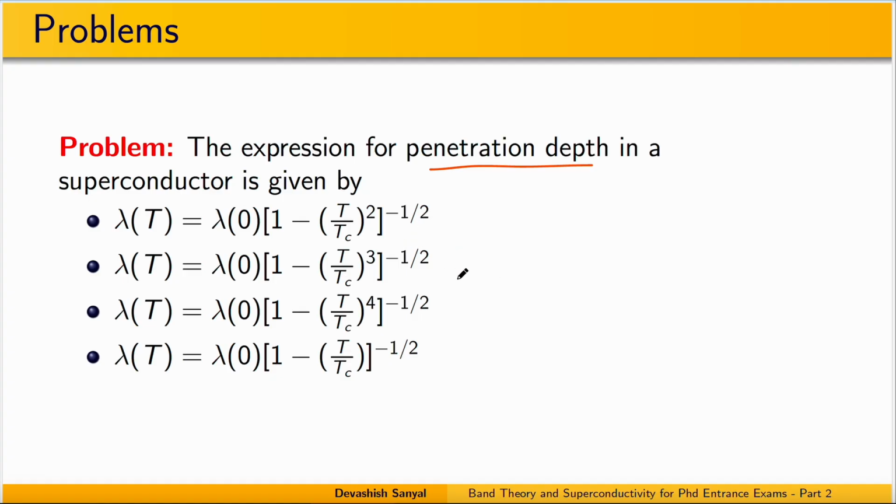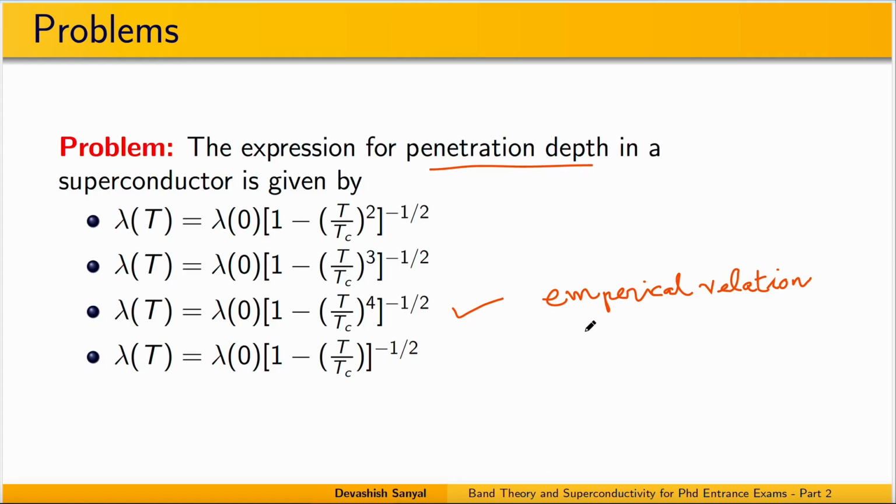Which of these options is correct? Actually this option is correct. This is an empirical formula, not something theoretically derived. This is the formula you get from experiment.